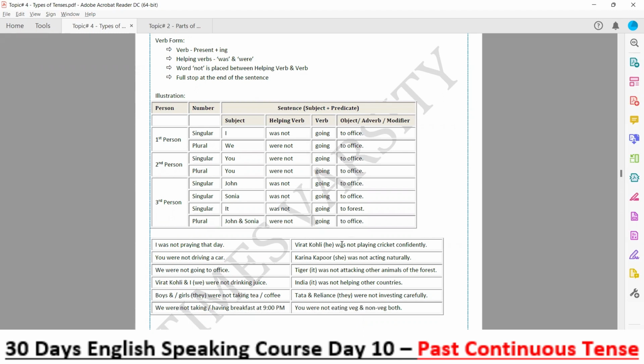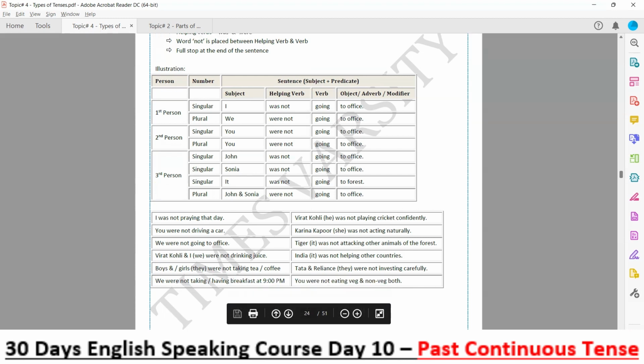Not is added after the helping verb. So Kareena Kapoor was not acting naturally. Okay, so these are some of the examples. And similarly, you were not eating veg and non-veg both.